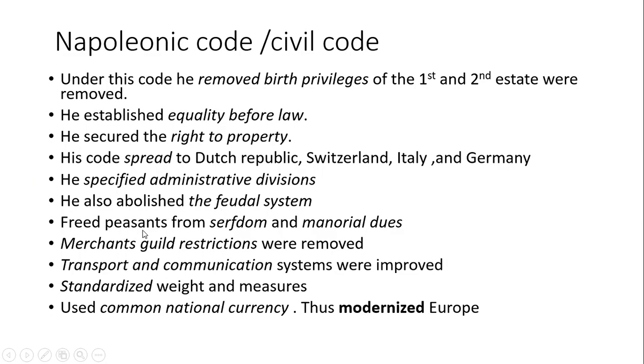He freed peasants from serfdom. Serfdom is nothing but slavery and manorial dues, meaning bonded dues. Merchant guild restrictions were removed. Merchant guild restrictions are nothing but taxes which merchants paid. That was removed. Transport and communication systems were improved.